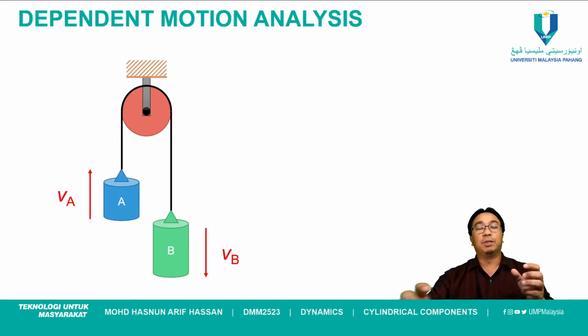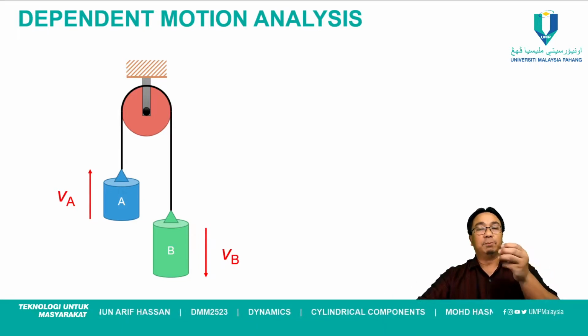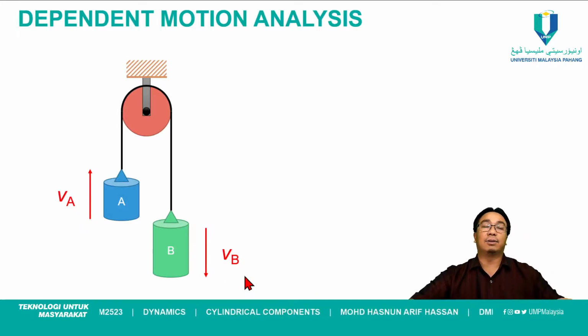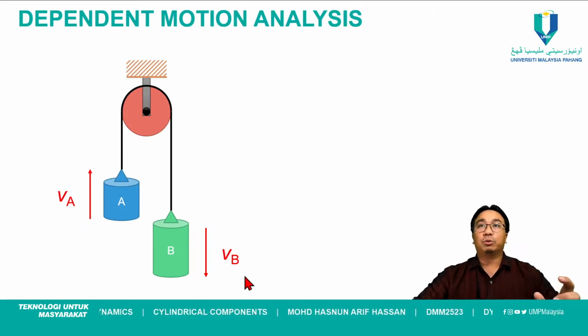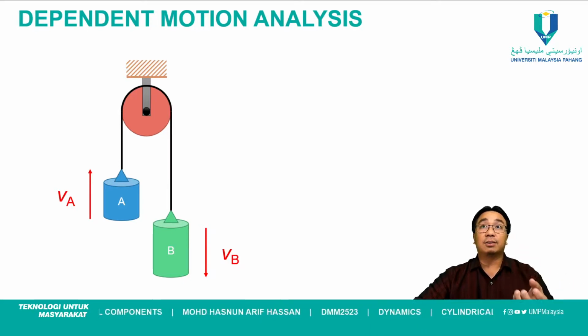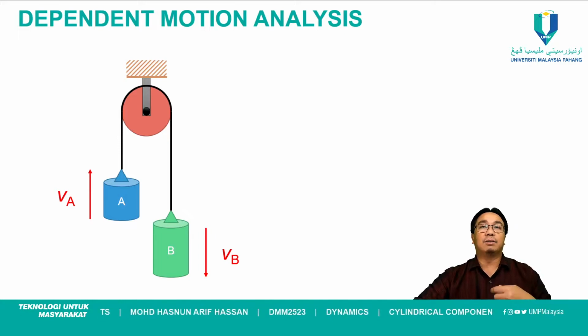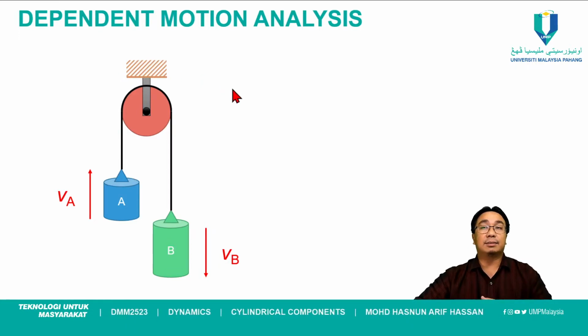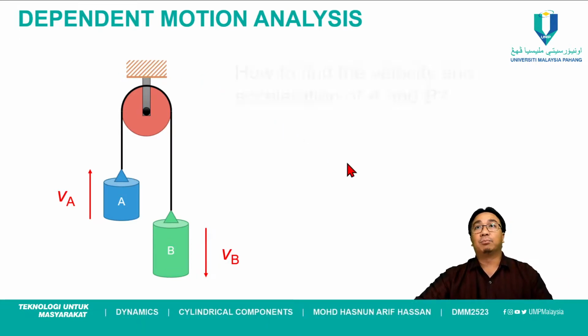So there will be two velocities. VB akan ke bawah, VA akan ke atas. Okay, so now what we want to know is how can we calculate the velocity of A as well as the velocity of B. So ini yang kita akan belajar dalam this subtopic dependent motion analysis.